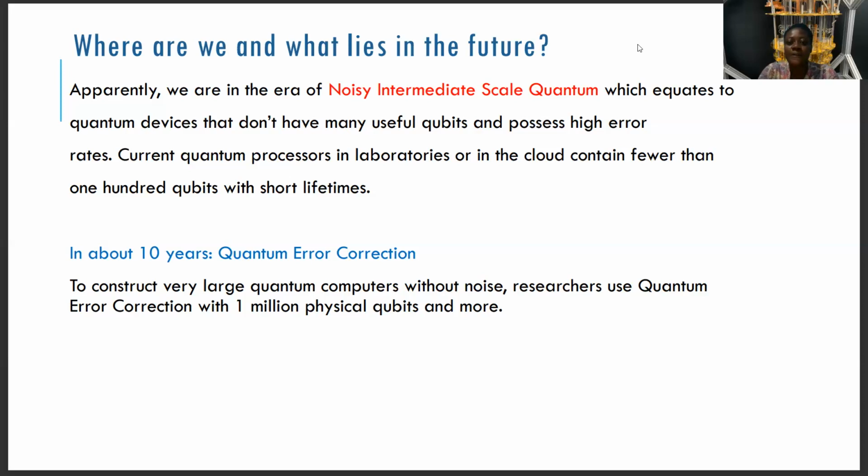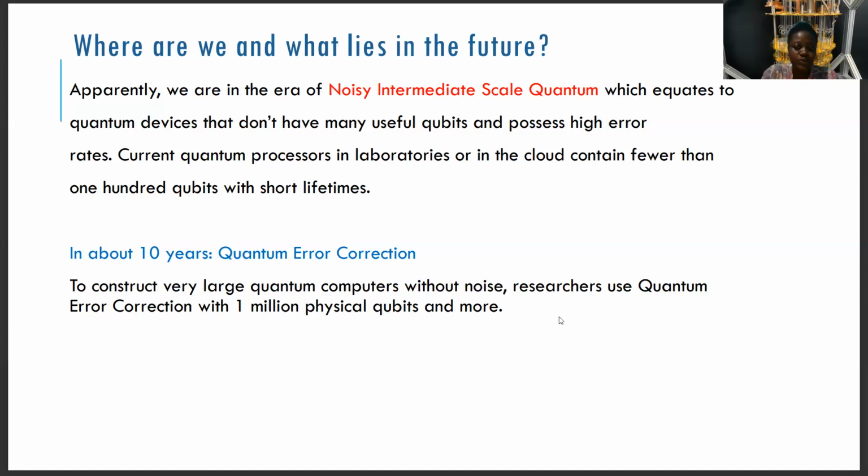But because of the state of the quantum computing we have, there are still some errors somewhere. So research work is being done in this area to minimize these errors, or better still, achieve 100% accuracy. In about 10 years, we are looking at correcting these quantum errors. That's why we have quantum error correction, to be able to construct very large quantum computers without noise.